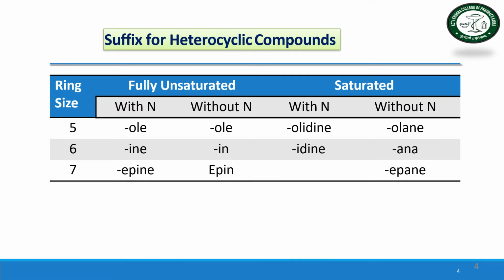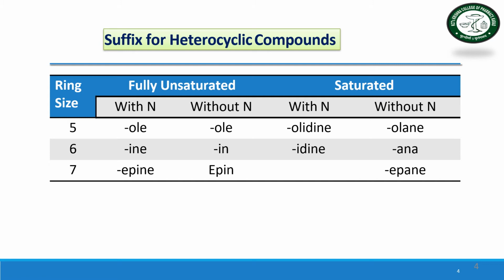So here, first criteria, number 5: rings containing a 5-membered ring and the structure containing nitrogen, then we can use ole. If there is absence of nitrogen in the structure, then we use the same suffix, ole. But what about saturated compounds?